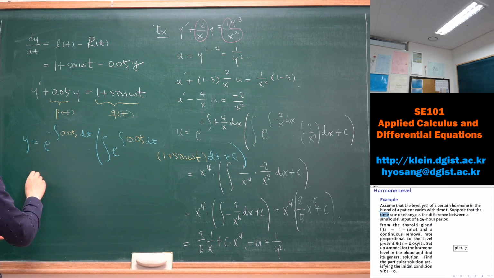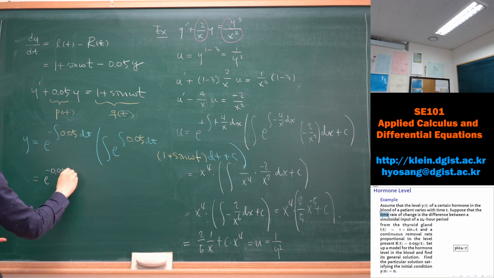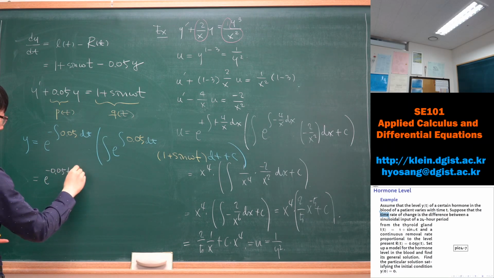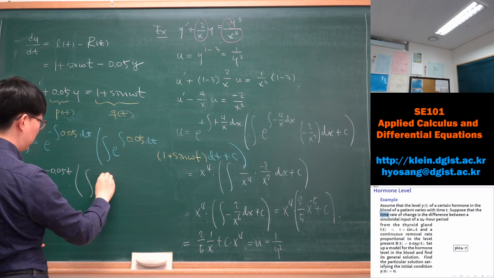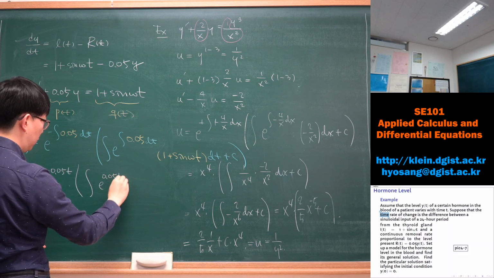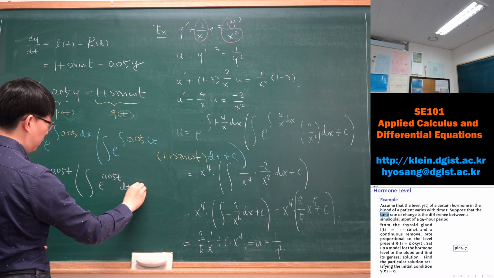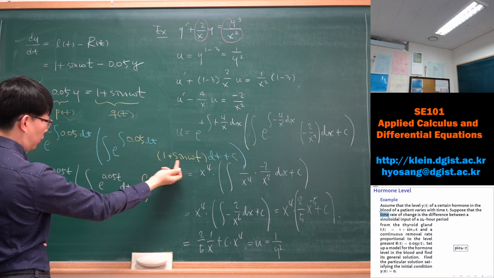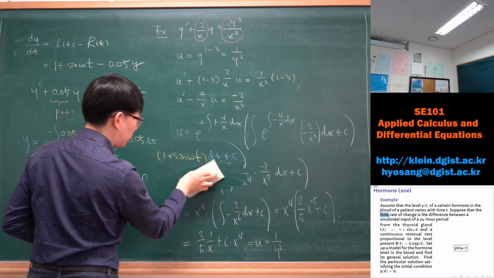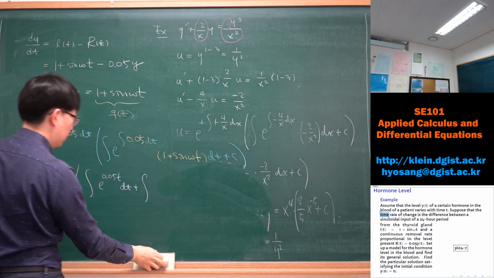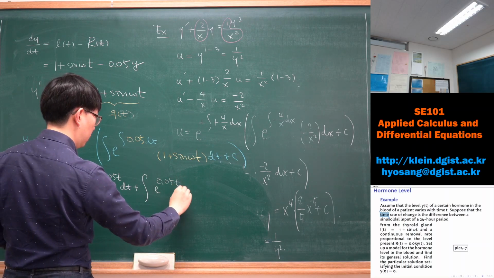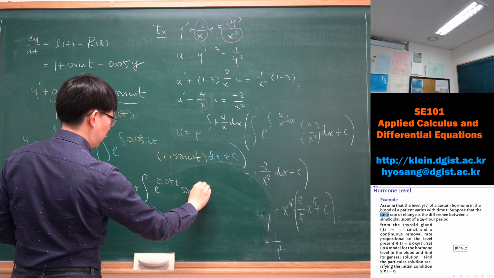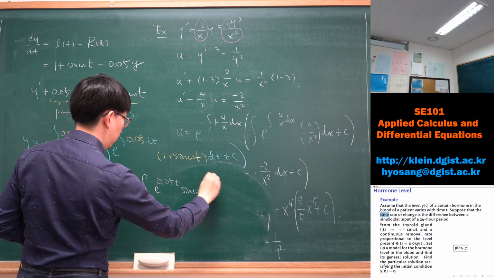Because when you keep doing this, this becomes e to the negative 0.05 t. So this is simple. However, this part becomes the integral of e to the 0.05 t dt plus, so I'm separating the 1 and the sine omega t, the integral of e to the 0.05 t sine omega t dt.